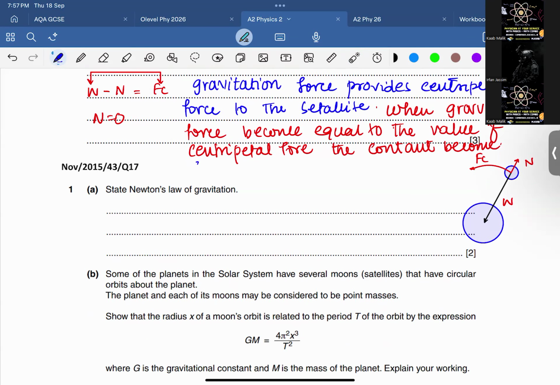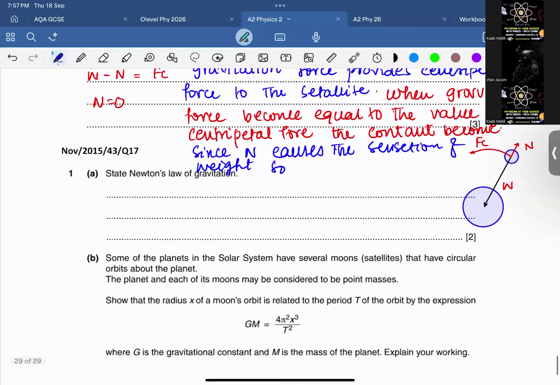Since N causes the sensation of weight, the weight will be zero as well, right?